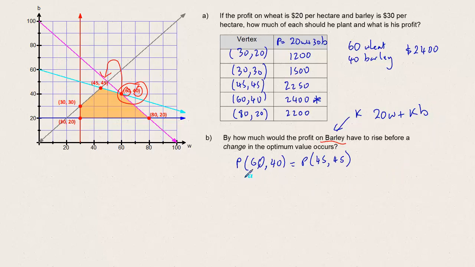So substituting in here, that's going to be 20 times 60 plus 40K. And here we're going to have 20 times 45 plus 45K.